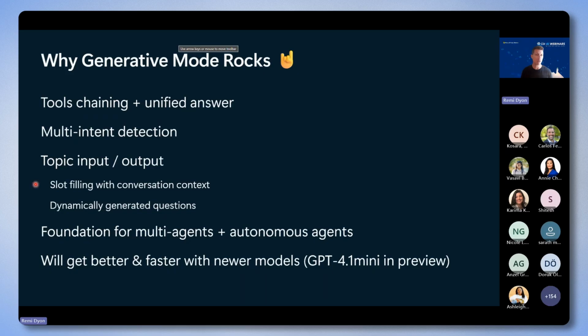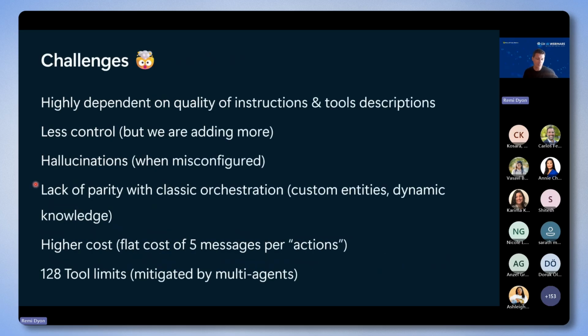Because there is no ServiceNow ticket in the conversation context. And then, of course, it's the foundation for multi-agent and autonomous agents, and it will get better and faster with newer models. But last slide, there are challenges.